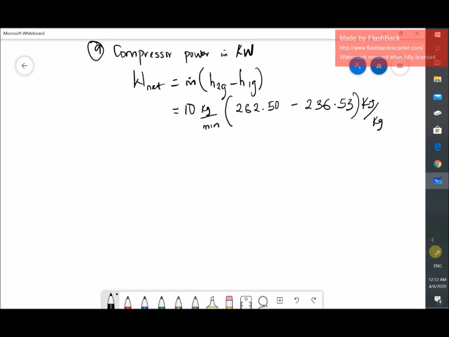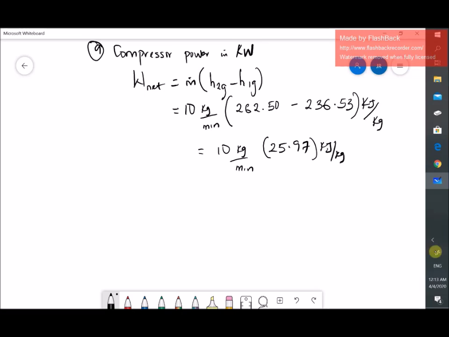All right, what next? We now have 10 kilograms per minute times 262.50 minus 236.53. That gives us 25.97 kilojoules per kilogram.